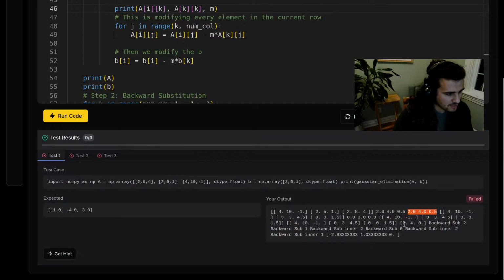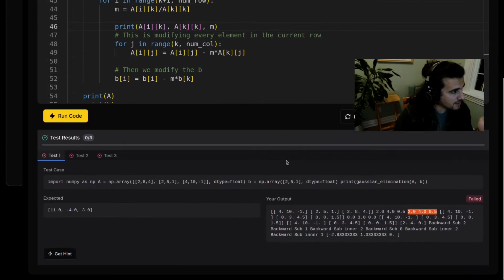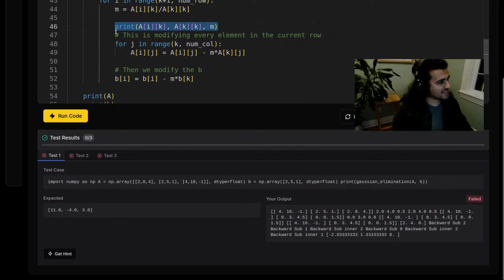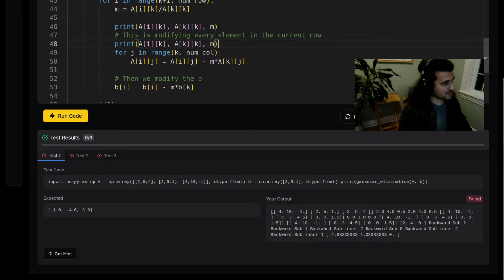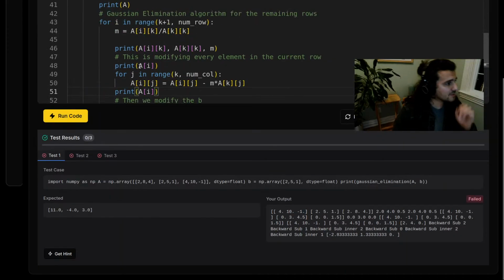So this is the same thing, which is fine. Okay, yeah, that's that. And what's going on here, right? I want to know what's going on with my I here, before and after, right? So this is before.